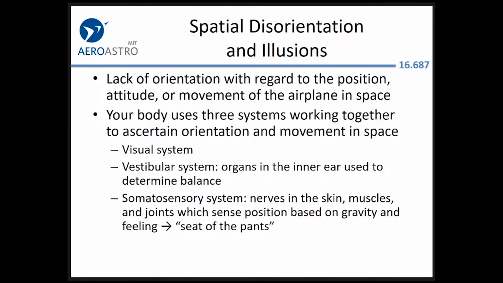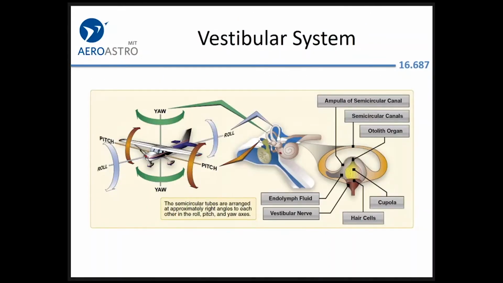So let's talk a little bit about the vestibular system. It's kind of complicated, but I'm going to try to give you a simplified description and zoom in right in this area. There's this tube of fluid, and there's fluid in your ear, and it kind of spins around.